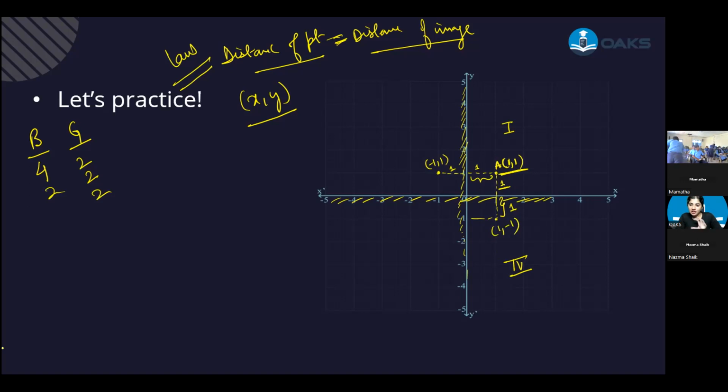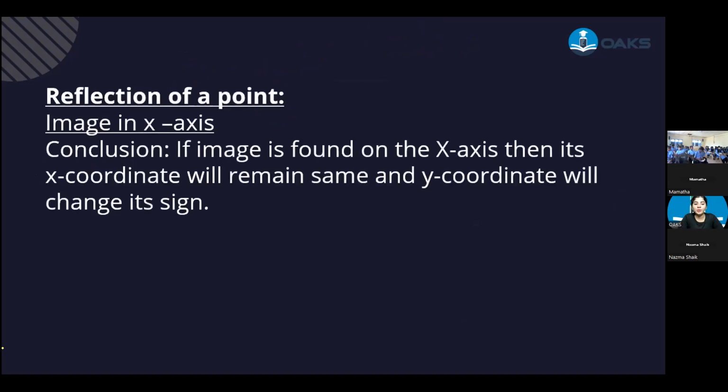Now this is an extra topic that we are learning, and that is a very practical topic, right? In day-to-day life, we always see a mirror. Now we have a rule. Image in the x-axis. What is the conclusion that we have? If the image is found on the x-axis, then its x coordinate will remain the same and the y coordinate will change its sign.